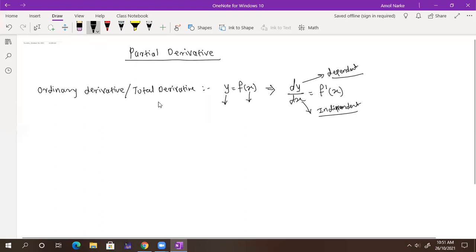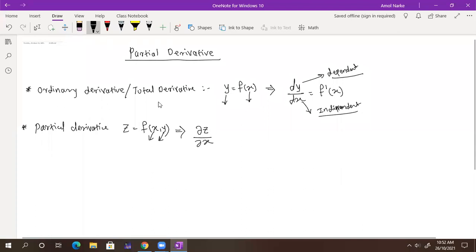Now what happens in the partial one? You have a function, suppose z is equal to f of x comma y, and here you calculate a partial derivative. I'm going to give you a definition. The notation is called a dabba. So dabba z by dabba x. Here the two variables x and y are independent.